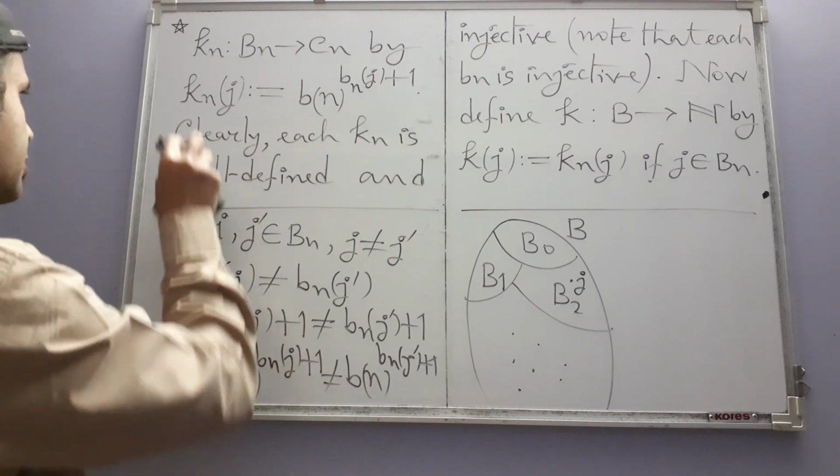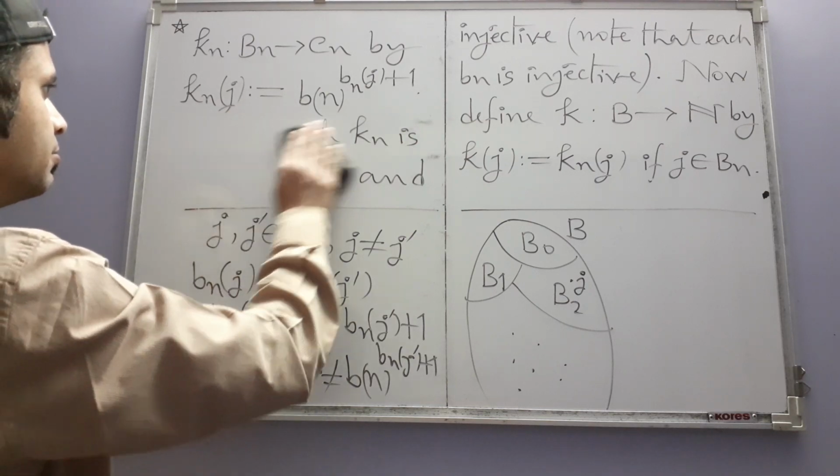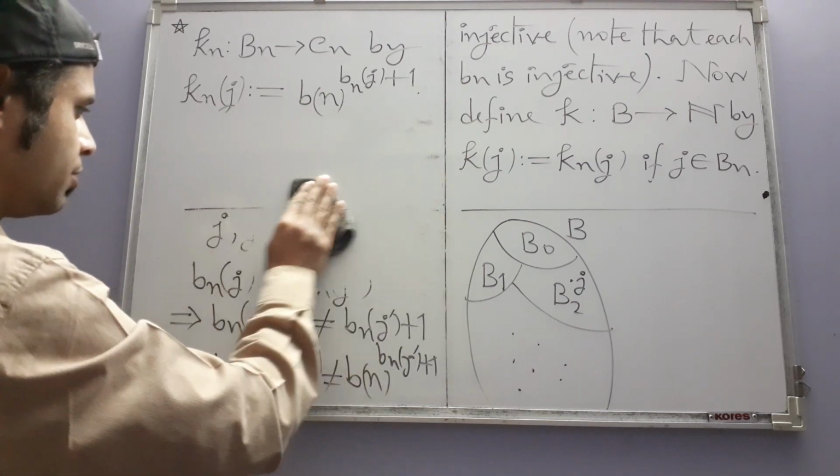Let me keep this Kn of j for now, and let me continue from here.